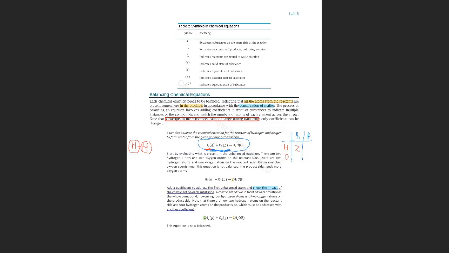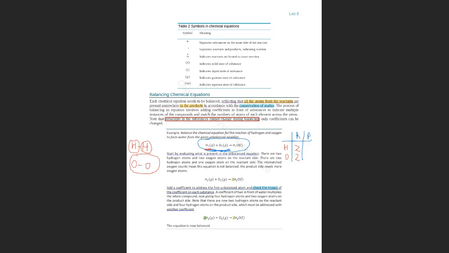When I look at the oxygen, the same thing. One molecule of oxygen gas has 2 atoms because I have this subscript 2, which means the molecule has 2 atoms. So I have 2.